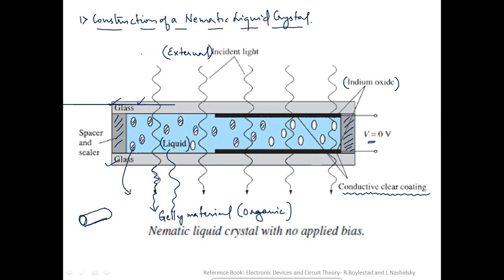So whatever light falls here, the same light crosses. But what happens here also, because external voltage is 0, you will assume that there is absolutely no change in the orientation of these rod molecular structures.